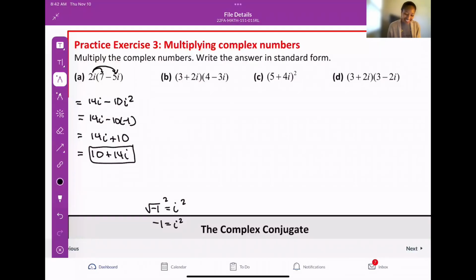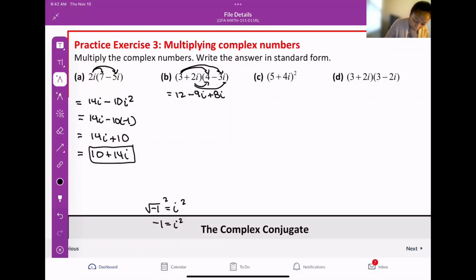All right, let's do this. So for part B, we're going to FOIL this out. 3 plus 2i times 4 minus 3i. We're going to start off by multiplying the first two terms. 3 times 4, that gives us 12. And then 3 times -3i, we get minus 9i. And then plus 8i.